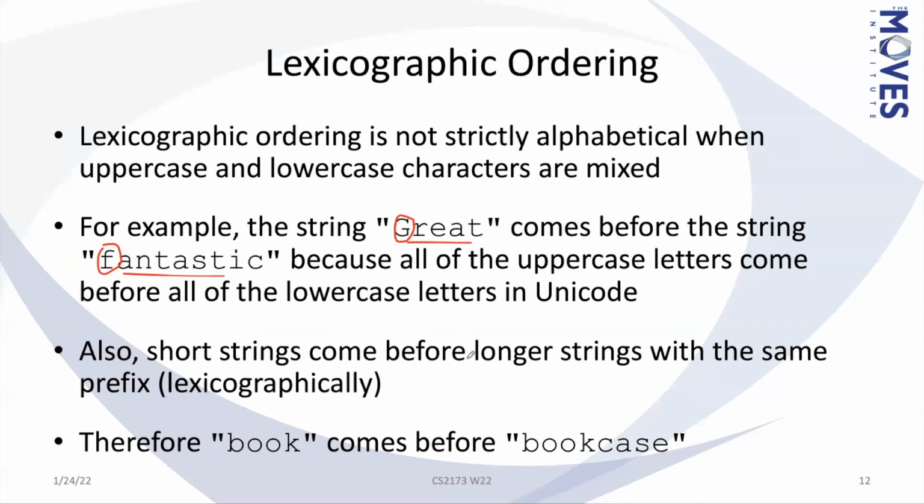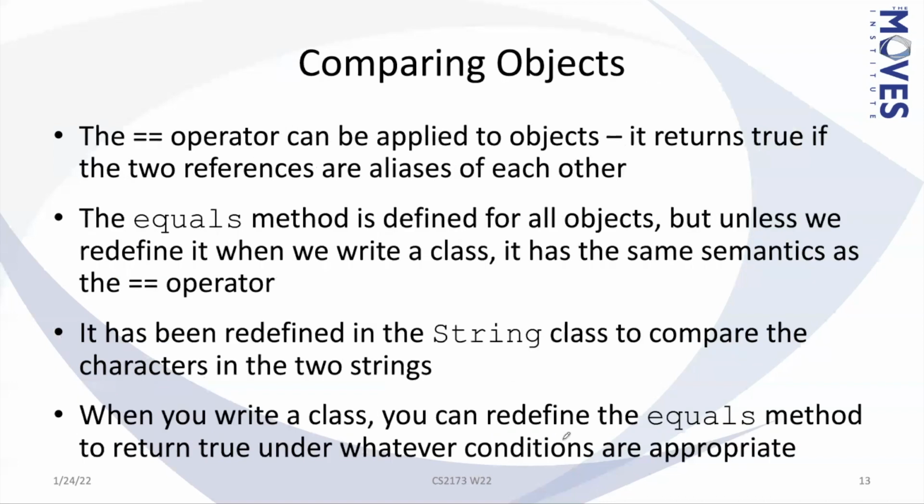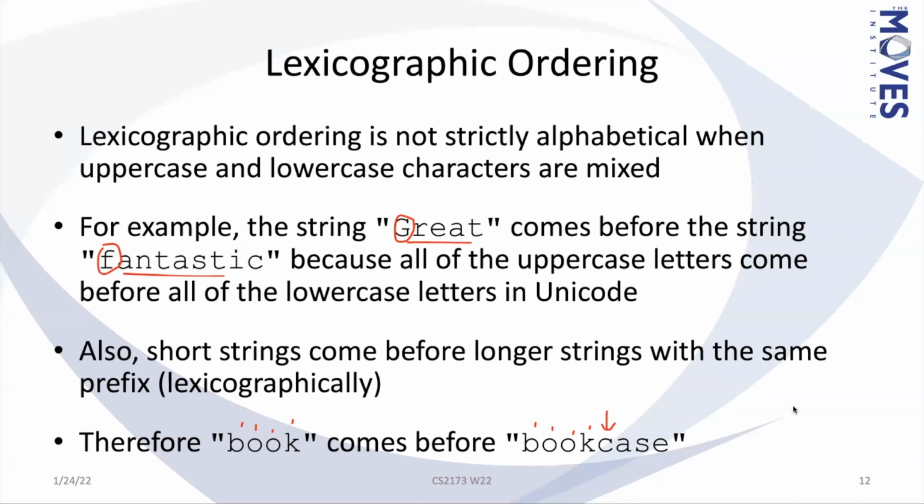Shorter strings come before longer strings, and so book comes before bookcase. So what it does is, okay, lowercase b, move to the next, lowercase o, lowercase o, lowercase k. Now, nothing on one side but something on the other, so that means this is less than that. Let's come back to this.